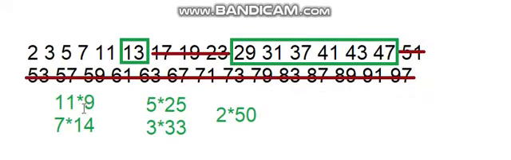For example, 11 times 9 is less than 100, but 11 times 10 is bigger than 100. From 1 up to 9, the even numbers are 2, 4, 6, and 8. They are even times.